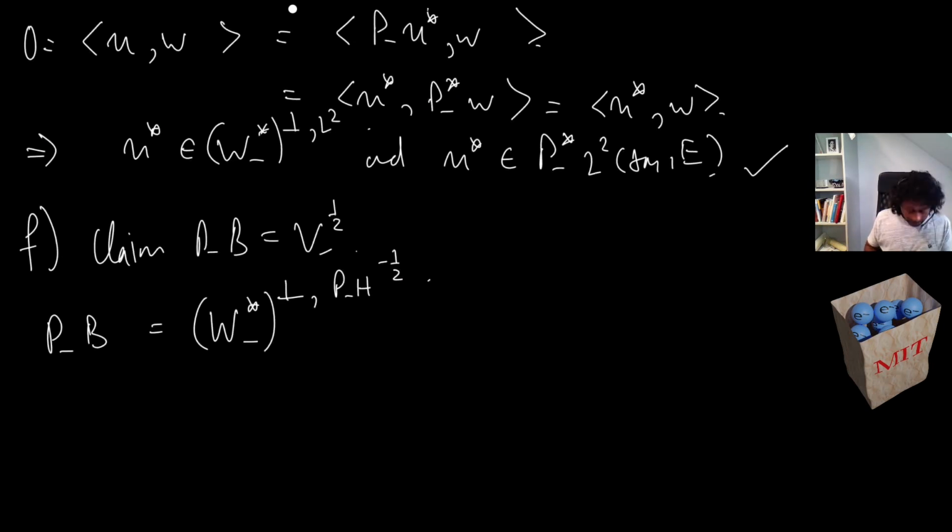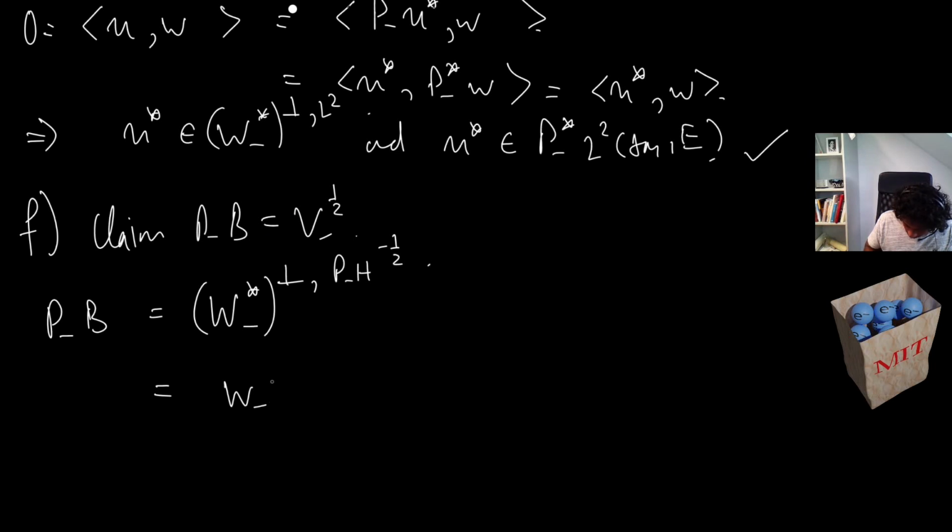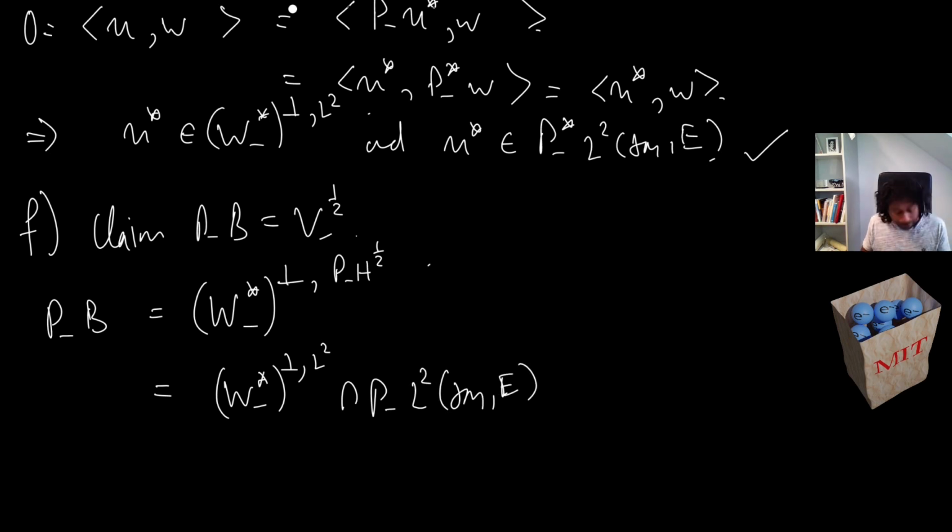Okay? And now we can write this annihilator as we did before as the annihilator, sorry, not minus a half. So now this is the annihilator in L2 intersect P minus L2 intersect H a half.